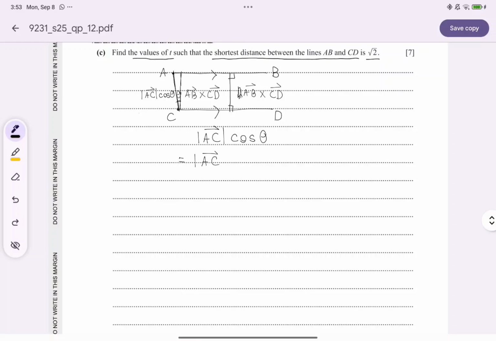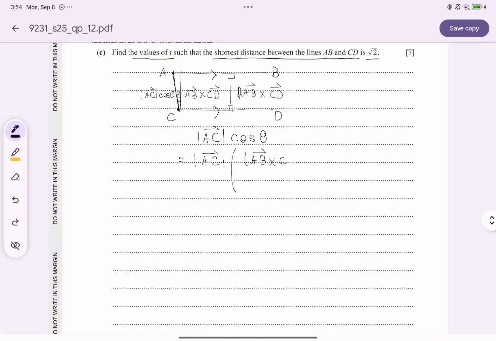To find the cosine theta, we're going to have to use our scalar product. It's just the dot product of the two vectors. It's the dot product of AC and the common perpendicular.